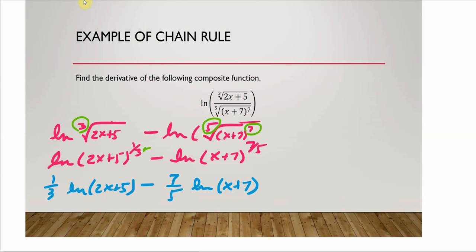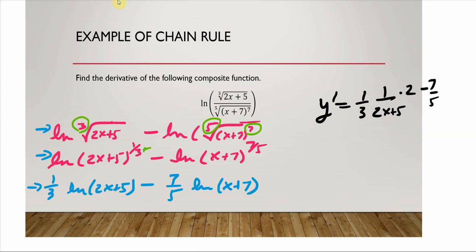All of this right here is algebra. So let's take that derivative. The derivative here, y prime, is going to equal 1/3 times 1 over 2x plus 5 times the derivative of 2x plus 5, which is just a 2, minus 7/5 times 1 over x plus 7, and then you can say times 1 if you want.